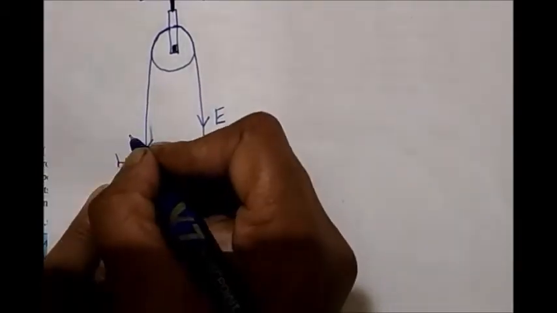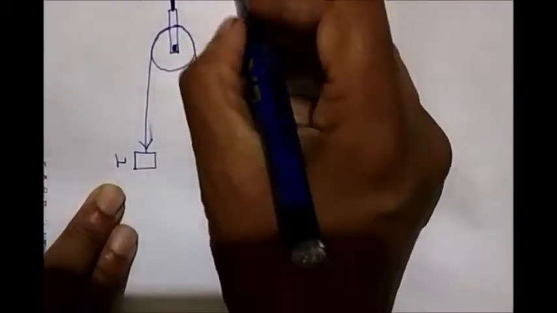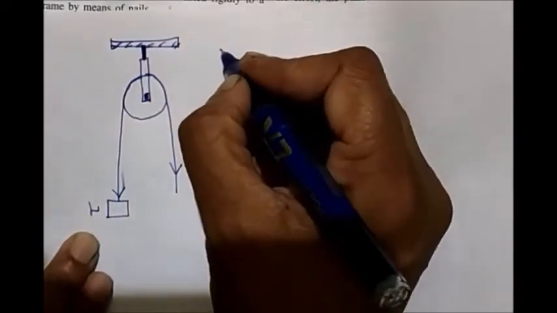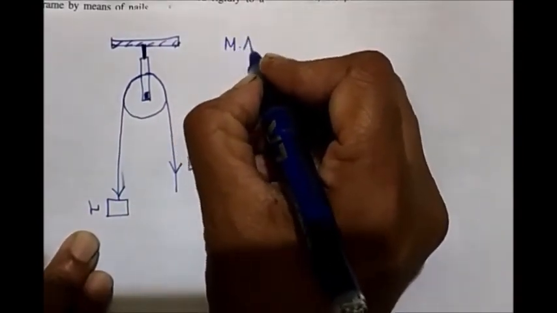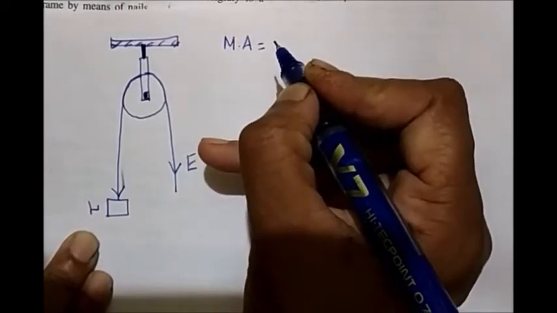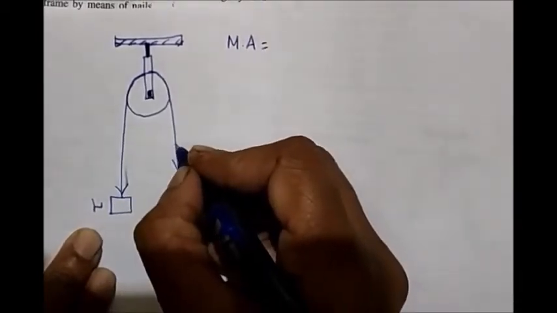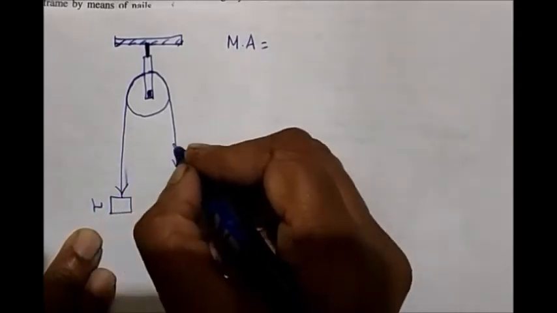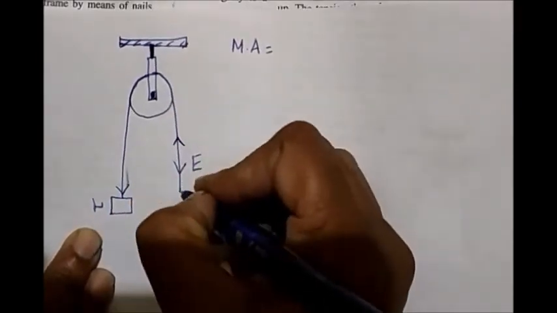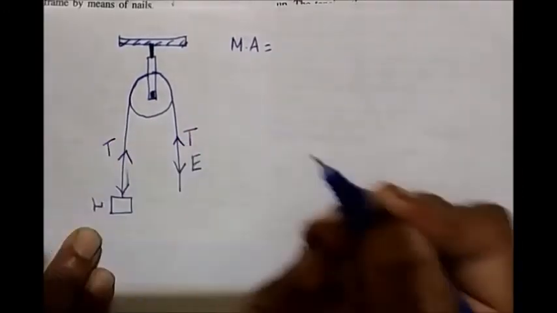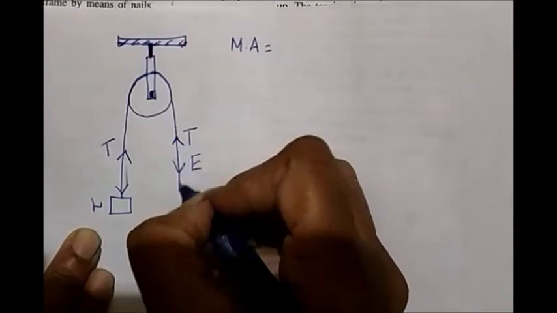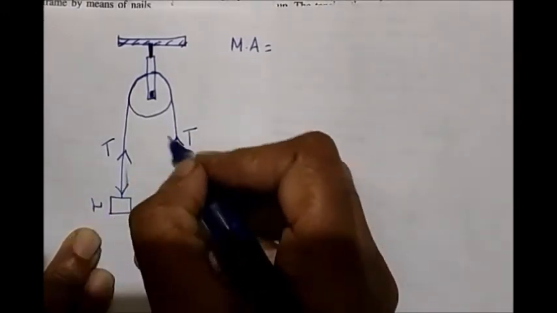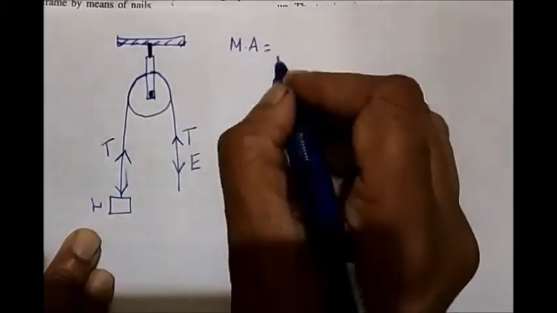Then next thing is derive MA and velocity ratio of a single fixed pulley. After drawing the diagram, you should be able to derive the mechanical advantage and velocity ratio. For mechanical advantage, first of all you should have marked the tension of the string. Every part of the string has a tension T. So T will be acting on this string in upward direction, on this also in an upward direction.